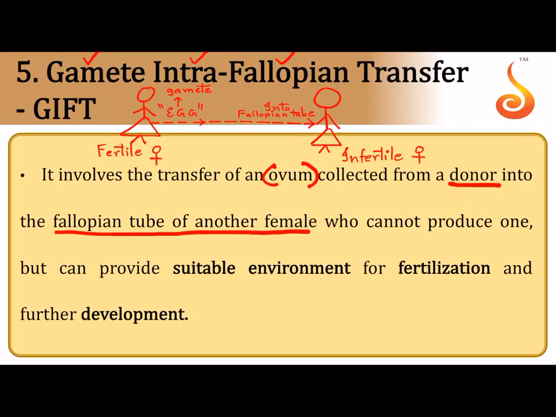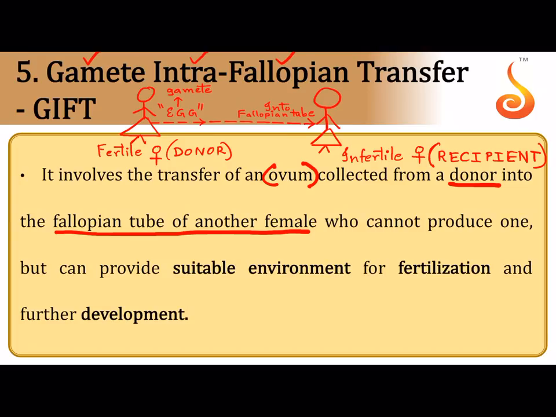Now tell me, who is the donor of the egg and who is the recipient? The fertile female is the donor because she is donating her egg. The infertile female does not have her own egg in her fallopian tube. She has the donor's egg, so she becomes the recipient. Isn't it?